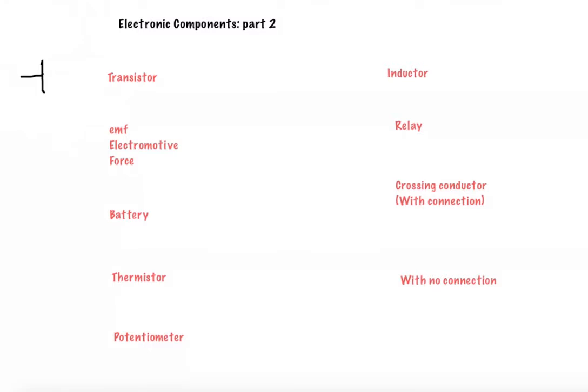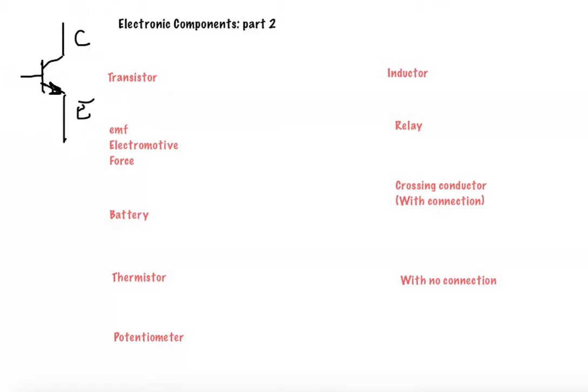We have just one line representing the base. On this side, we have what you call the collector, C, another circuit, and the other part is closing another circuit, and we have an arrow here, and this is called the emitter.